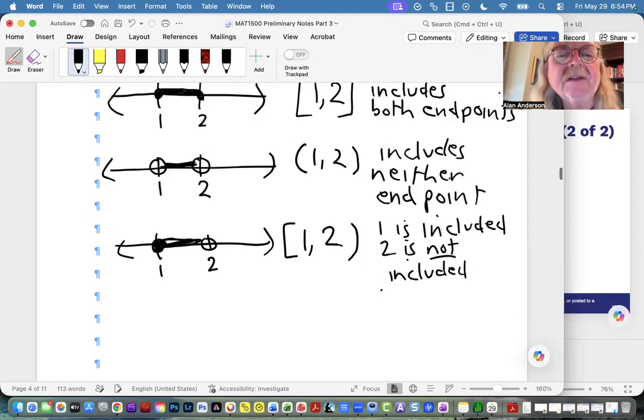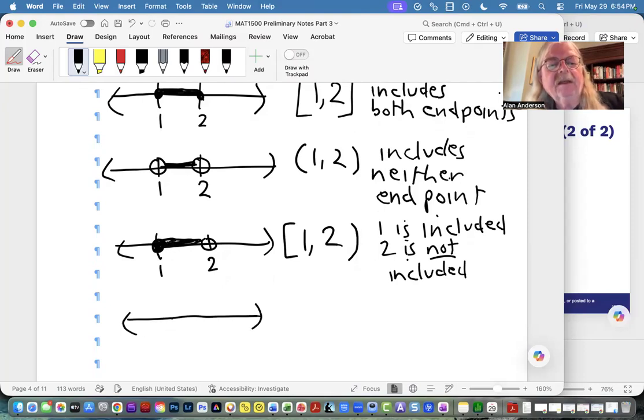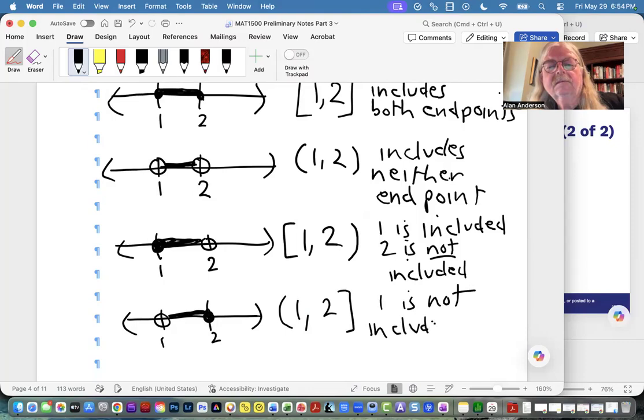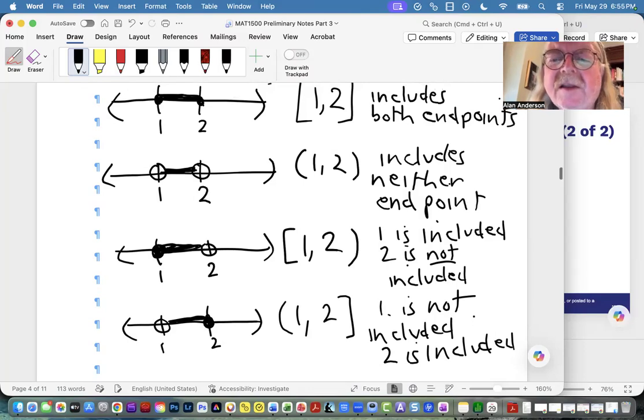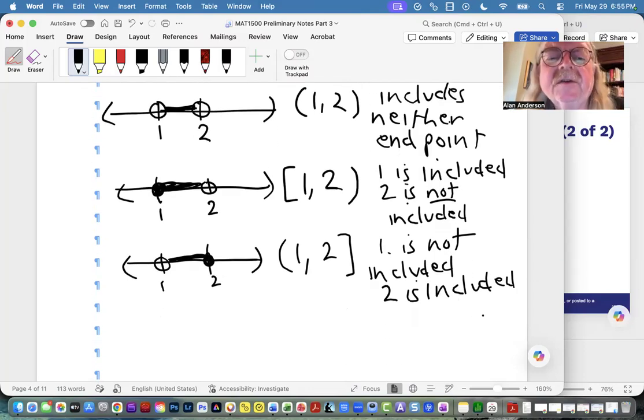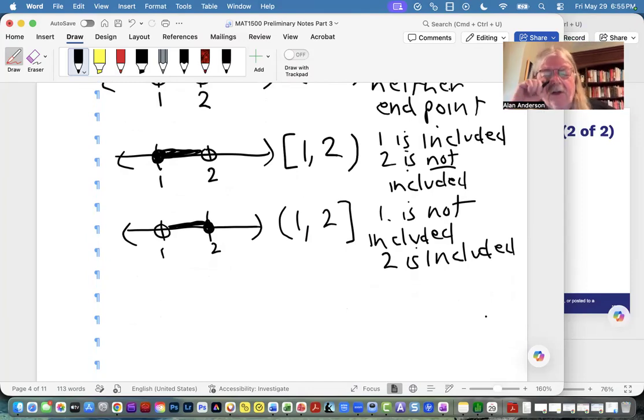And then, of course, the other possibility would be not one, but two. All right, so I just want to remind you how this works so that when we use this notation, you won't be confused. I do want to point out too that whenever infinity is involved, infinity or negative infinity, we always use the round brackets.